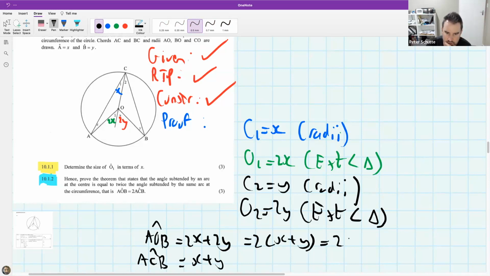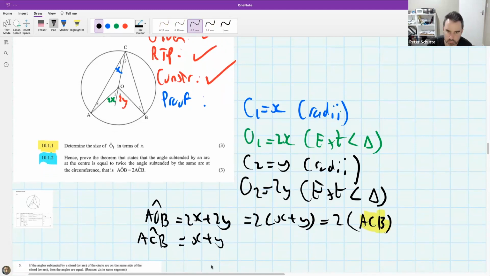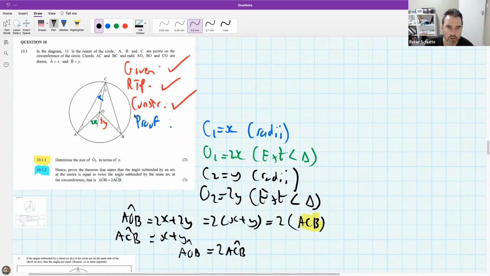But then we can just substitute here for ACB, and so therefore we've proved it, and that's it. So I'm hoping that the structure of this is becoming a bit clearer. Give me thumbs up if you followed that past exam question, like okay, and thumbs down if you still feel a bit nah.